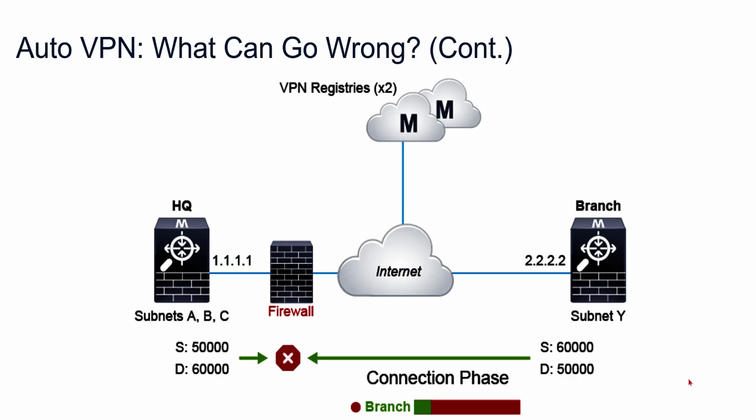So if we see registry success, if we see peers discovered, but we see the tunnel down, that immediately tells you that this is a connection phase problem. We have to have that bidirectional UDP communication for it to work.